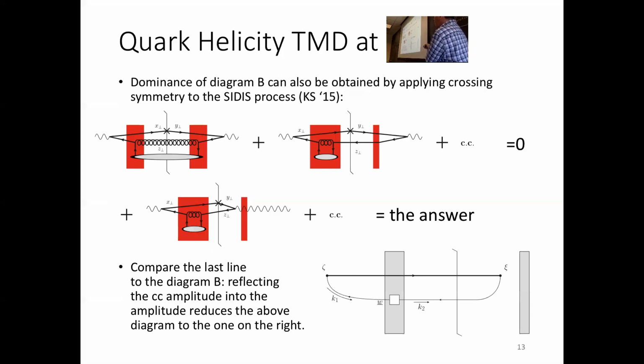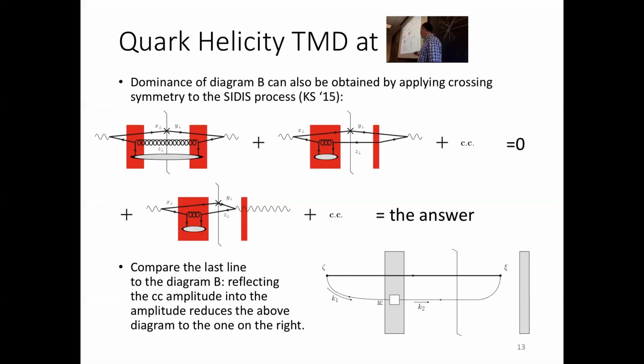Bottom line, whether you calculate the CDIS cross-section or you start with the operator at small x, you're only left with this object here. So you really have to calculate the interaction of an eikonal quark, which is this thick Wilson line, and the anti-quark, which interacts in a spin-dependent way with the proton. We need the spin-dependent interaction. We're looking at helicity distribution. The Wilson line is just an eikonal Wilson line, knows nothing about spin.